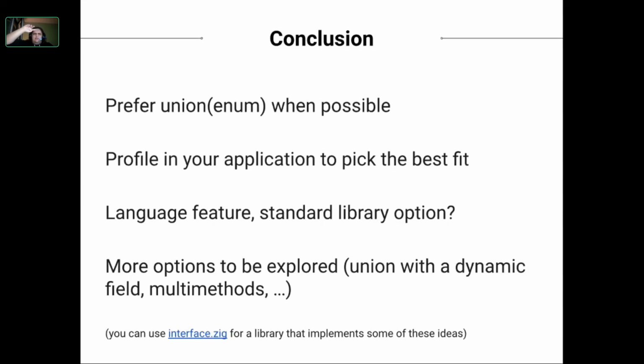Another thought I had, but I didn't have time to change my slides since I thought about it like an hour ago, was just taking the union and adding a dynamic field at the end, which would be the vtable pointer and the storage, so that the union is still the same size, but you can also store arbitrary objects that fit the interface. This could be quite interesting.